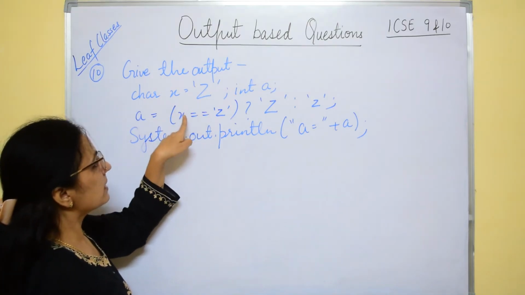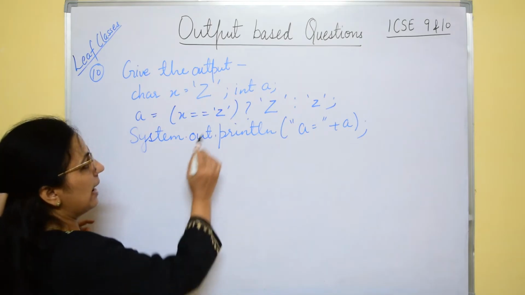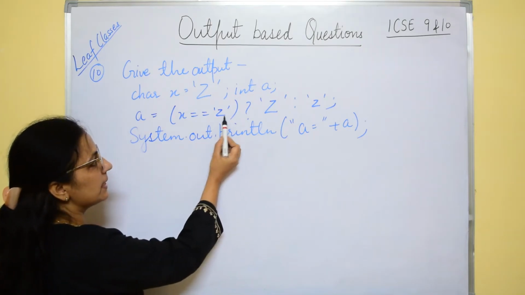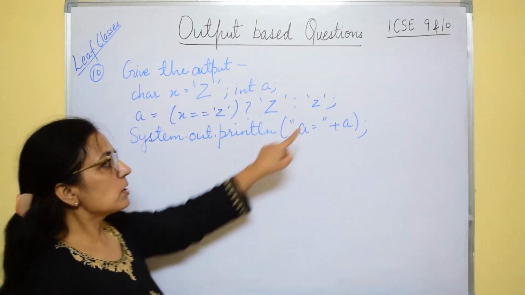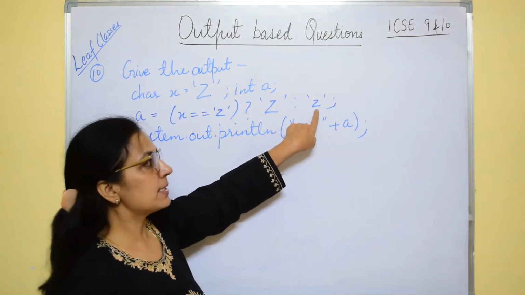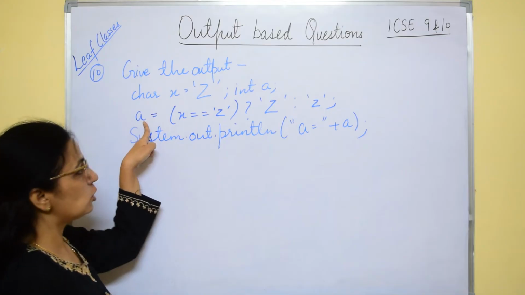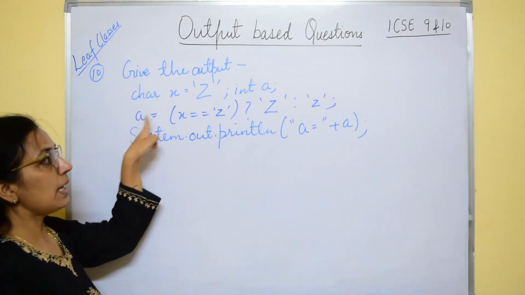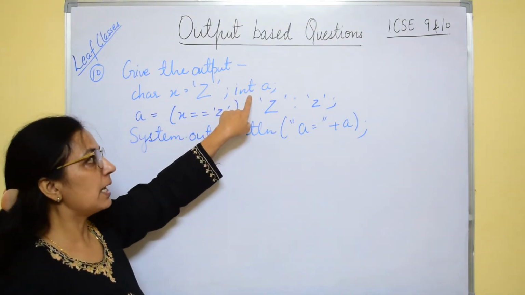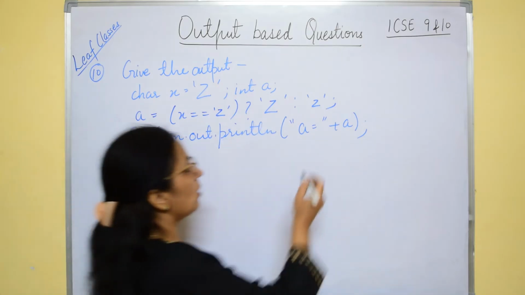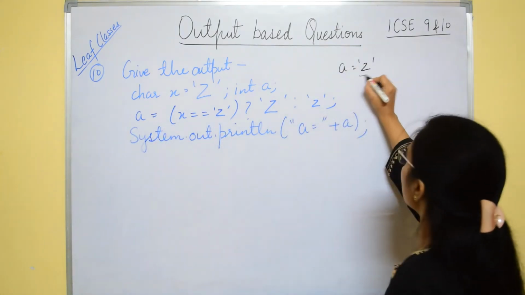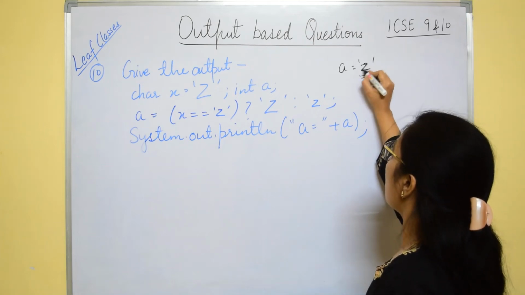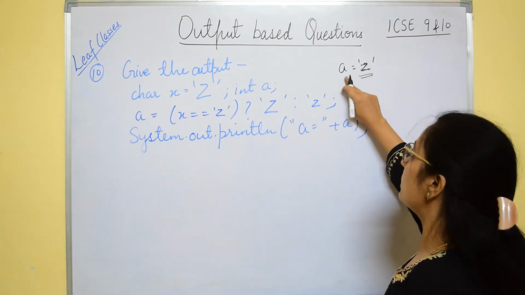Now here x is capital Z and we are comparing with lowercase z, so z equals to z is false. So lowercase z will be assigned to a, but a is of int type, so this means the ASCII value of small z will be given to a.